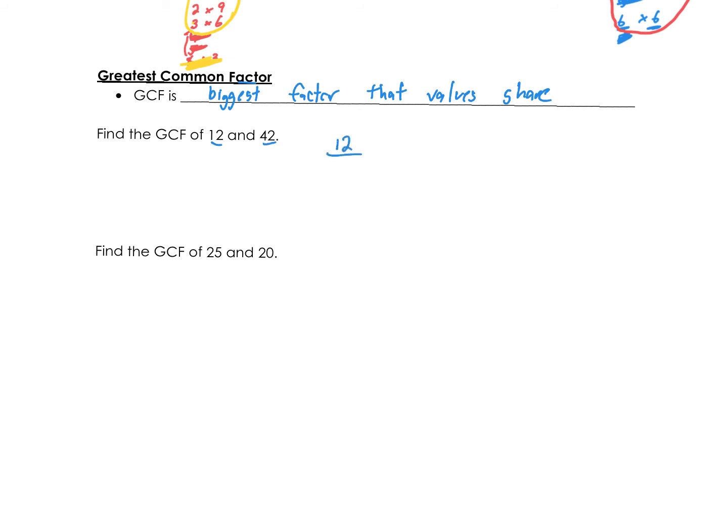So we'll do our little smiley face here. 1 times 12, 2 times 6, 3 times 4, 4 times 3. Oh look, we got a repeat, 3 times 4 and 4 times 3. Then we make our smiley face, or our U. So our factors of 12 are 1, 2, 3, 4, 6, and 12. Okay, let's do the same thing with 42.